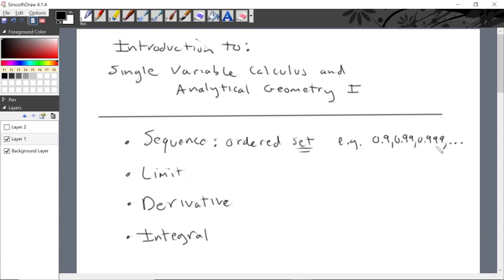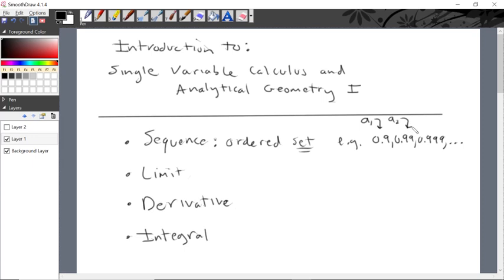The pattern is that the next number will go out to 4 decimal places, and the next digit is again going to be a 9. These numbers I'm now putting into a particular order. I have selected the first number to be the first number in the sequence. I'm going to call it a sub 1. So a sub 1 is equal to 0.9.